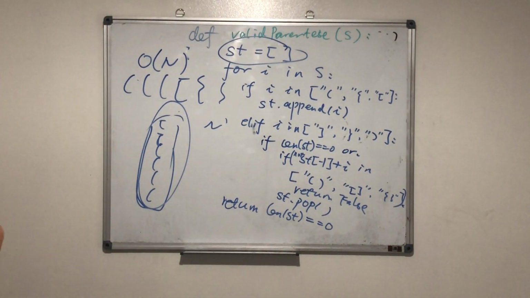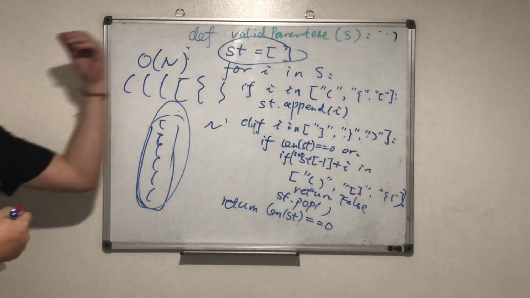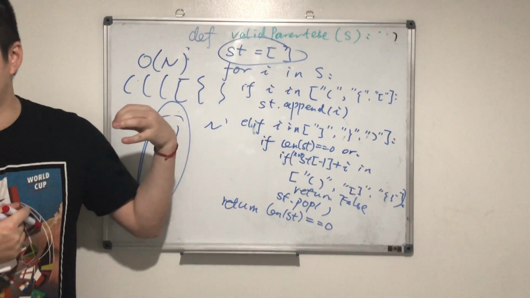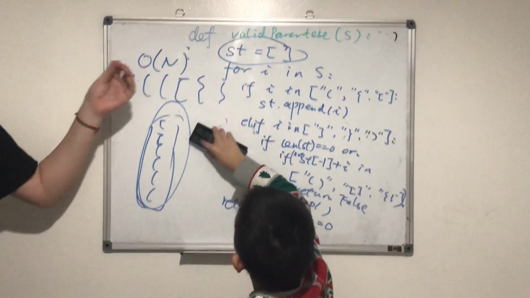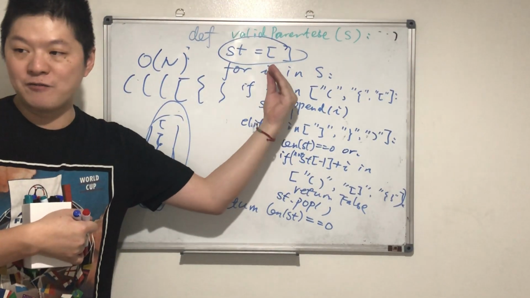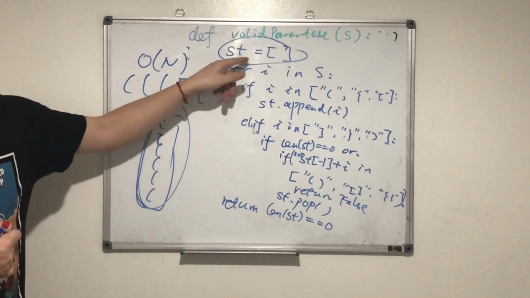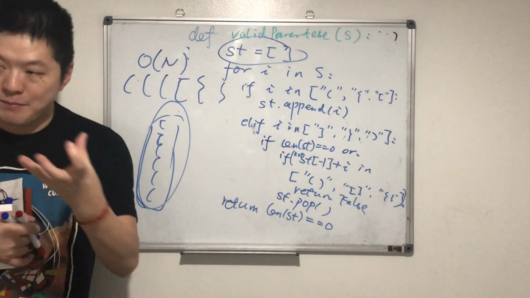I thought it was n because you just need to scan it once. No. Scanning once is because of time. When we talk about time, we talk about how many iterations the computer needs to process, right? But this stack is an additional storage to keep the elements, right?